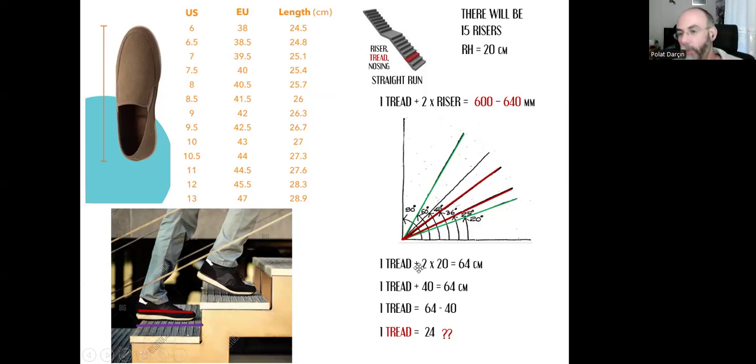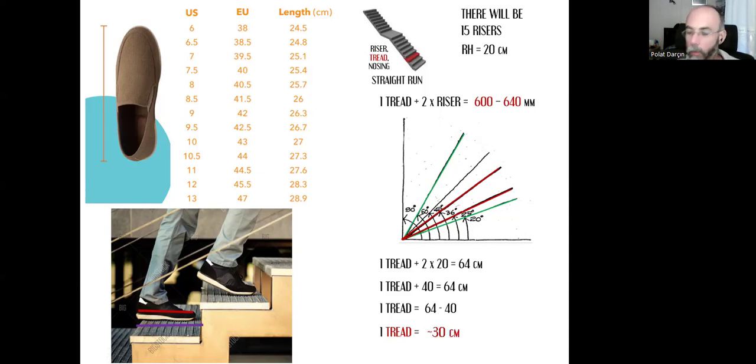This formula is not mandatory. It's created so that we can have our slope between these angles. We don't need to take into consideration that formula and have 24 for our tread width. We can change it, obviously.